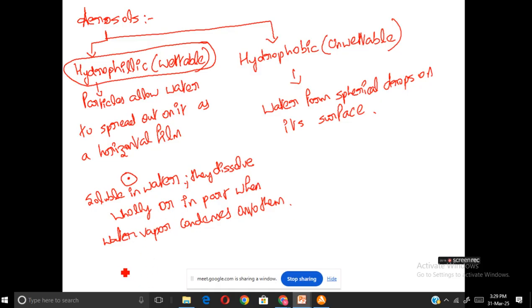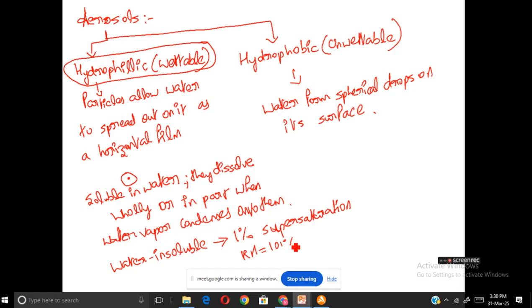In case of water insoluble hydrophilic aerosols, that is, it is wettable but it won't dissolve, if there is 1% supersaturation, supersaturation means the relative humidity is 101%.